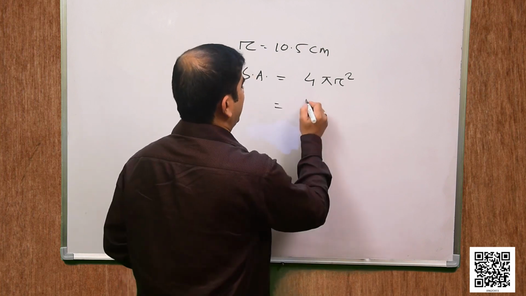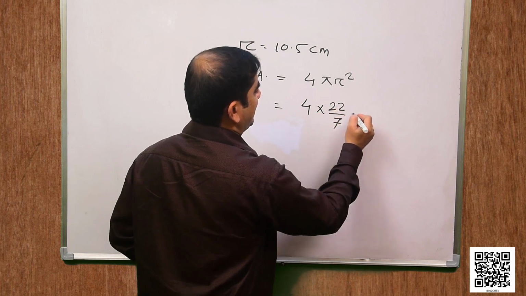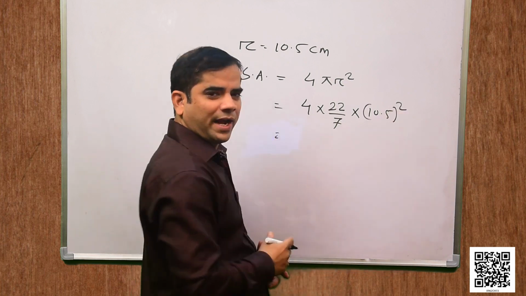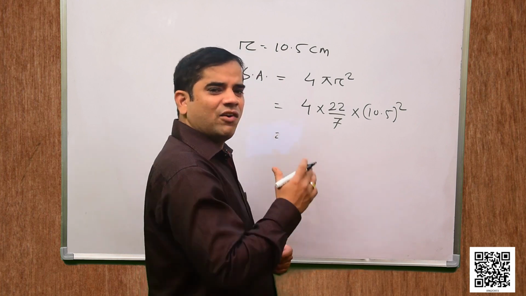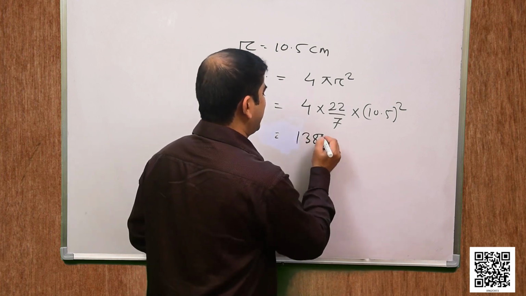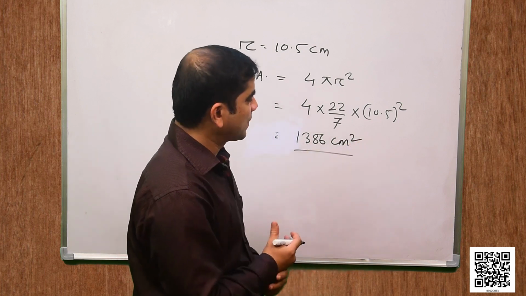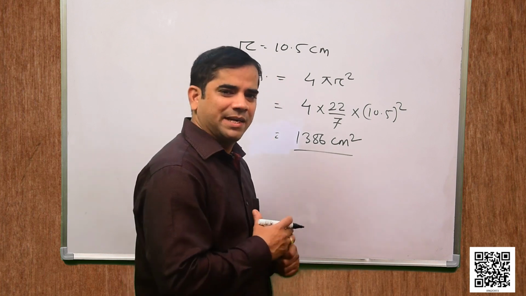So, when we replace the values, 4 into 22/7 into 10.5 square. After calculation, you will find the value as 1386 centimeter square. So, this is the surface area for the sphere of radius 10.5 centimeter.